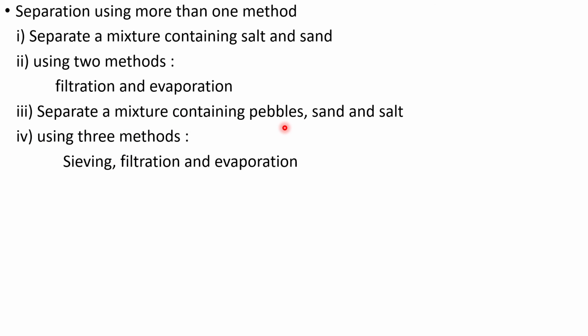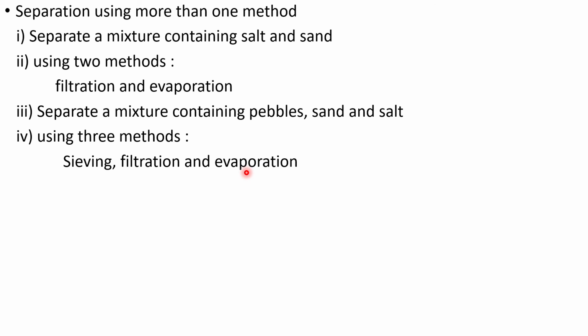Sieving would separate pebbles from sand and salt. Then you would be left with a sand and salt mixture. In the earlier example, I taught you how to separate a sand and salt mixture, that is, by filtration and then evaporation. So by following these three methods, you can separate pebbles, sand and salt from this mixture.